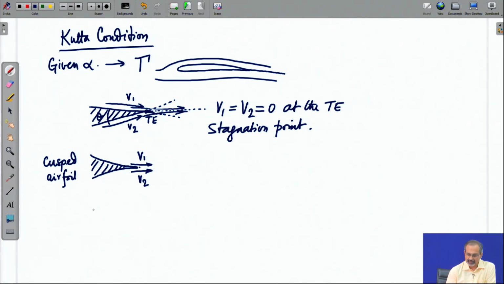If you apply the principle of P plus half rho u square remaining constant, because the u's are different, the P1 and P2 would be unequal.